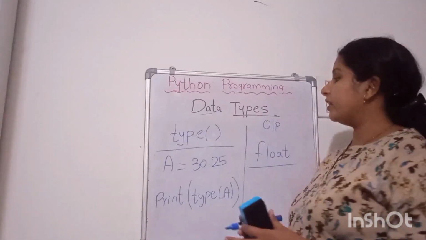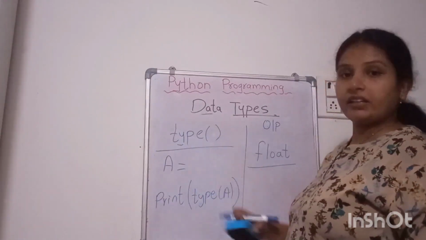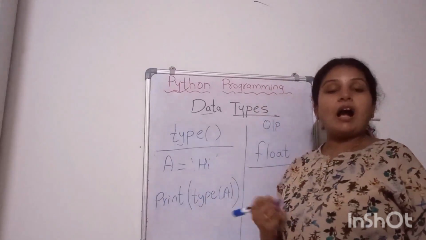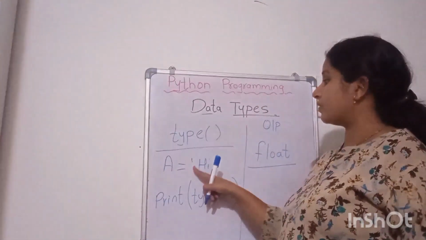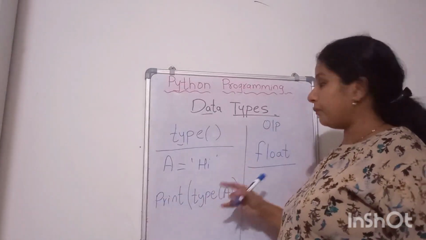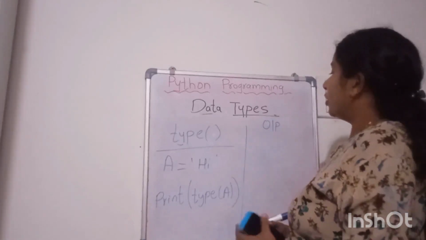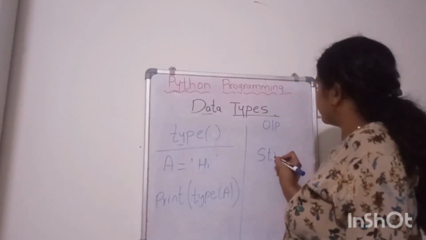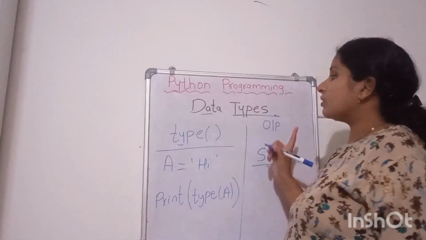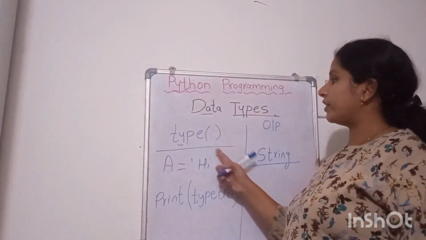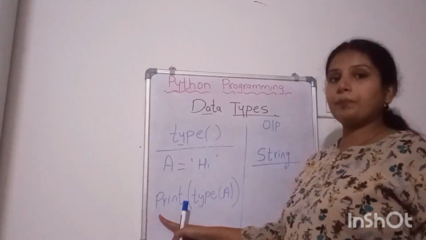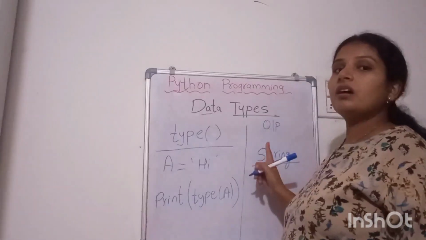Now suppose I take the alphabet in single quotes, hi. Hi is the string that you have enclosed within single quotes, and when you print the type of a, then in the output window your result will be string. So this is the purpose, the functionality of the type function, right? You can use the type function inside the print function to display the result.